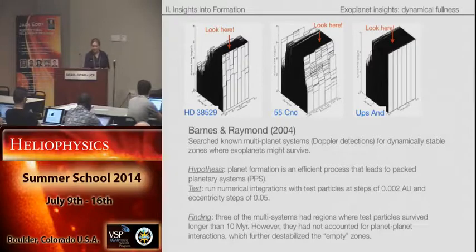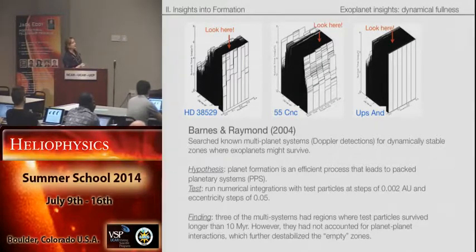Roy Barnes and Sean Raymond have done simulations where they take some of the systems where Doppler planets have been found, HD 38529, 55 Cancri, Upsilon Andromedae, and throw in thousands of moon-sized particles, let the system evolve, and see where they survive.